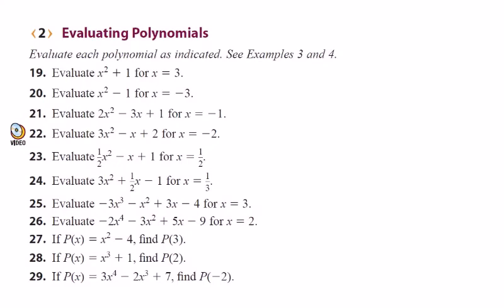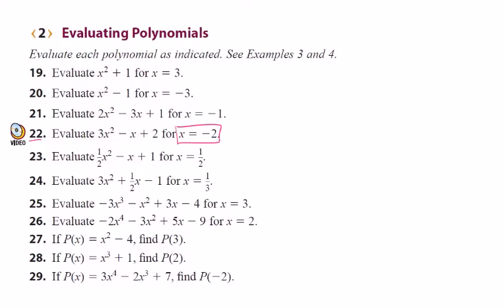All right, so let's try an example. So evaluate each polynomial as indicated. So let's try number 22. So here it says evaluate this polynomial, trinomial, right? 2nd degree, leading coefficient of 3. And we want to evaluate it for x equals -2.